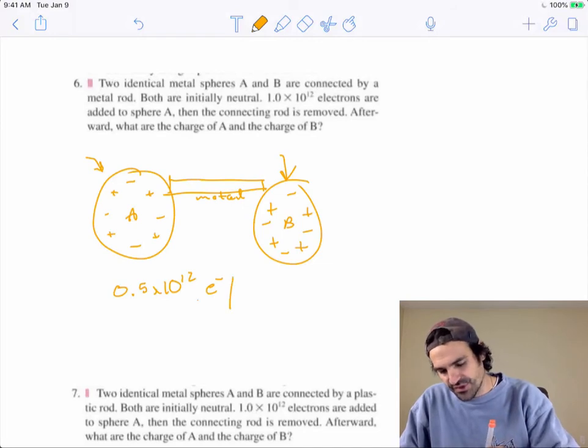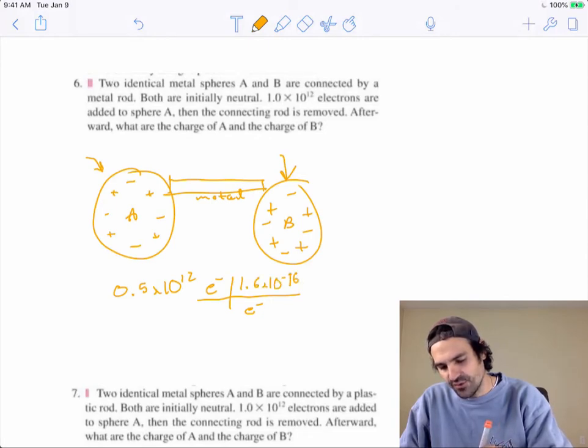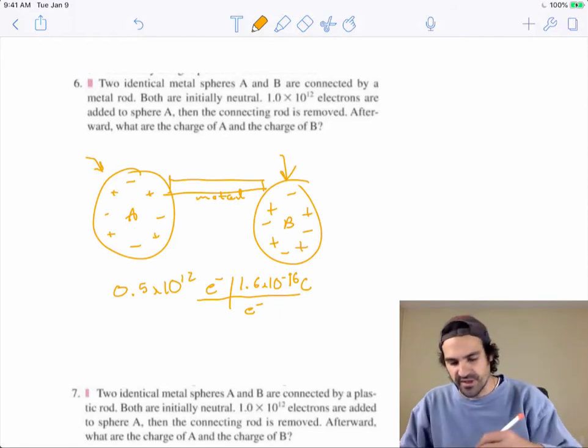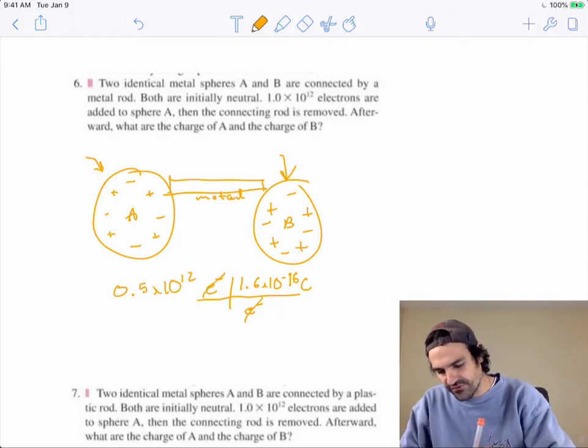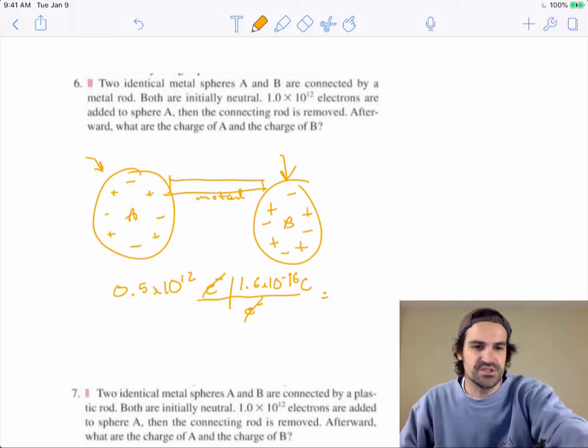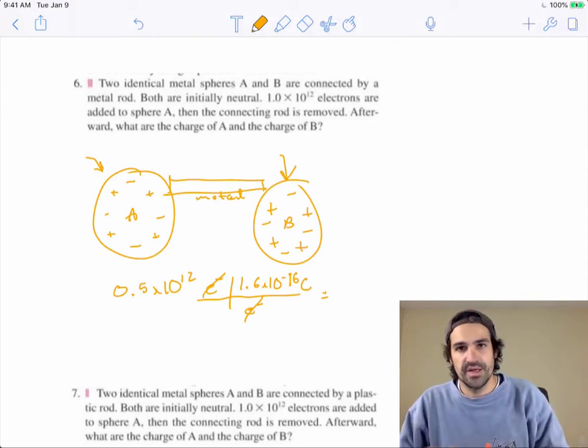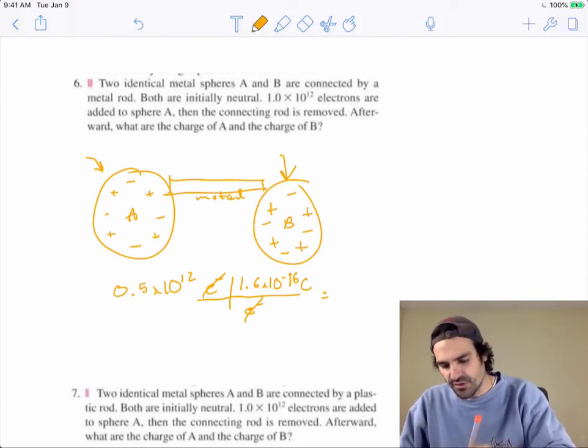And we know that the charge of one electron is equal to 1.6 times 10 to the negative 16th coulombs. Yikes. And we can math that out and find that the total charge on each sphere should be equal to 8 times 10 to the negative 8th coulombs.